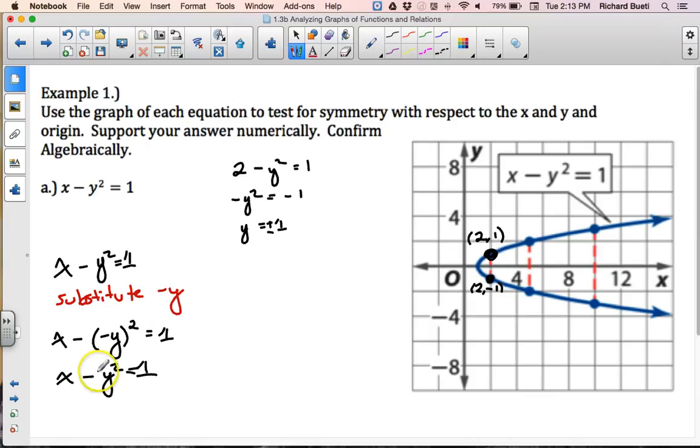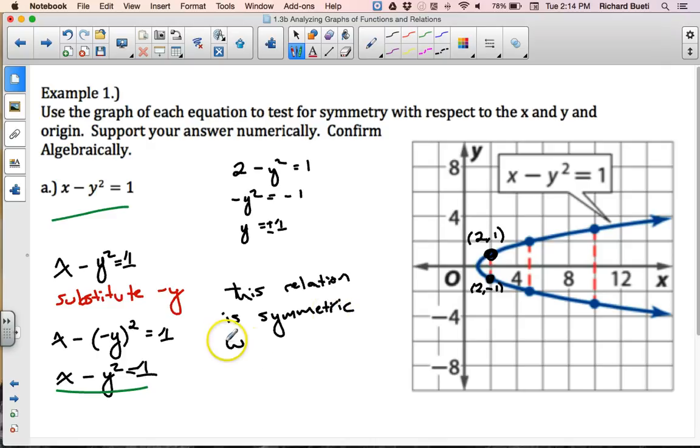And since this equation and the original equation are the same, that means that this graph, or this relation, is symmetric with the x-axis.